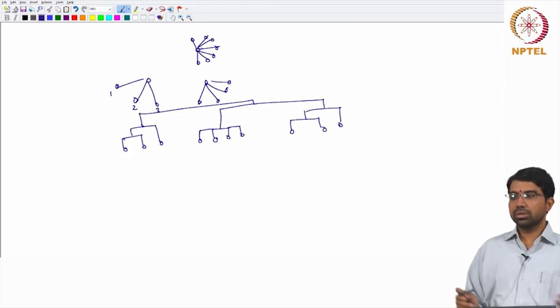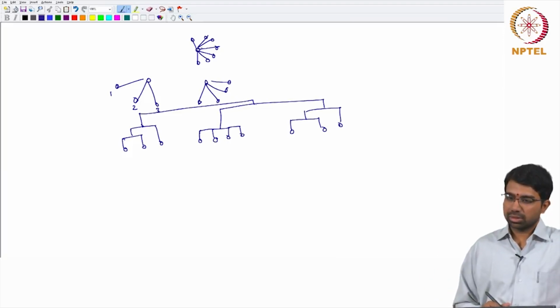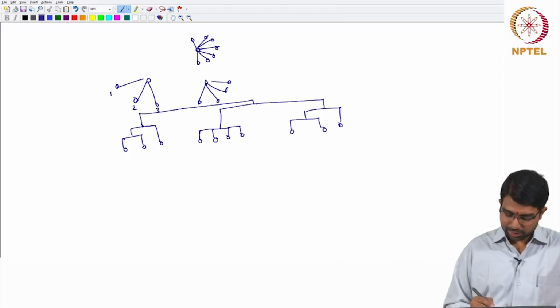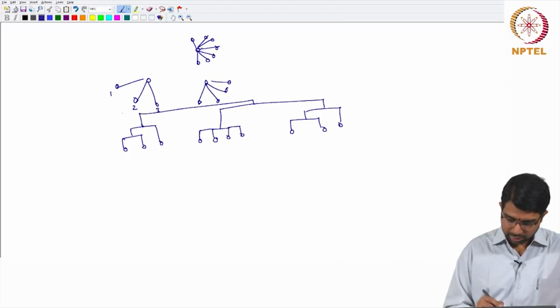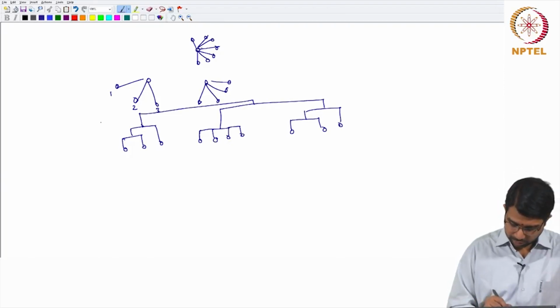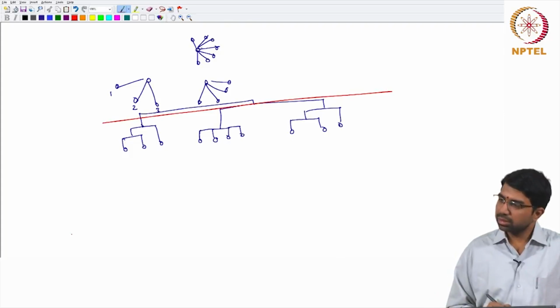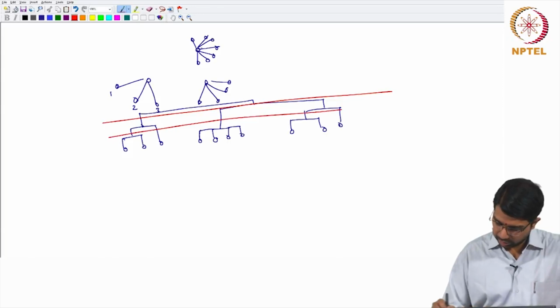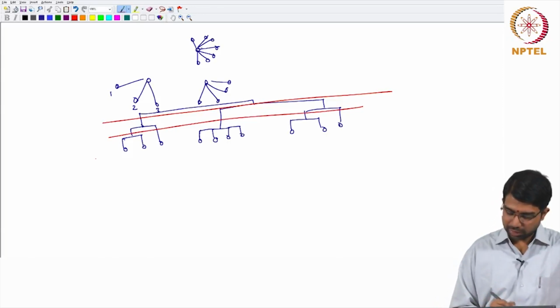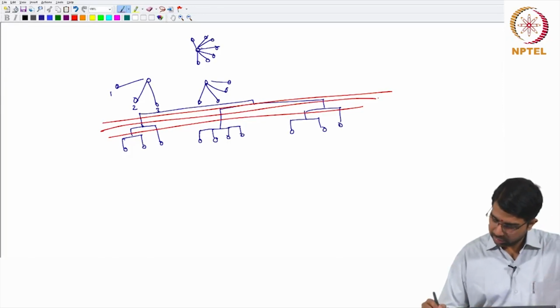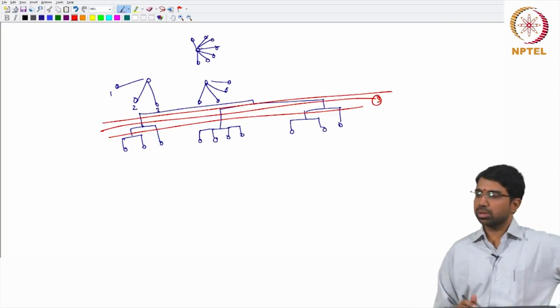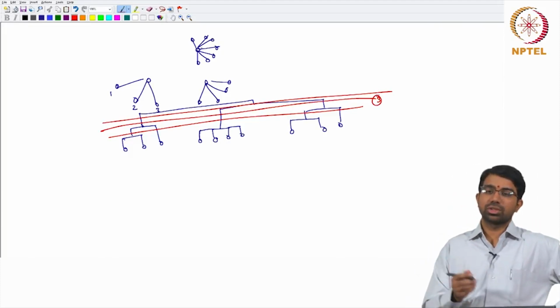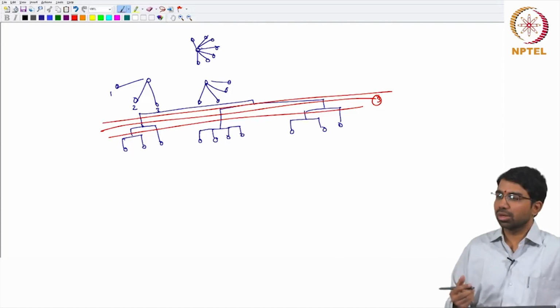Now, you have a hierarchical clustering. You know where to split the communities. If you cut here, you get one single community. If you cut here, you get 4 or 5 communities. If you cut here, you get 3 communities. You have to judge what seems more like a community.